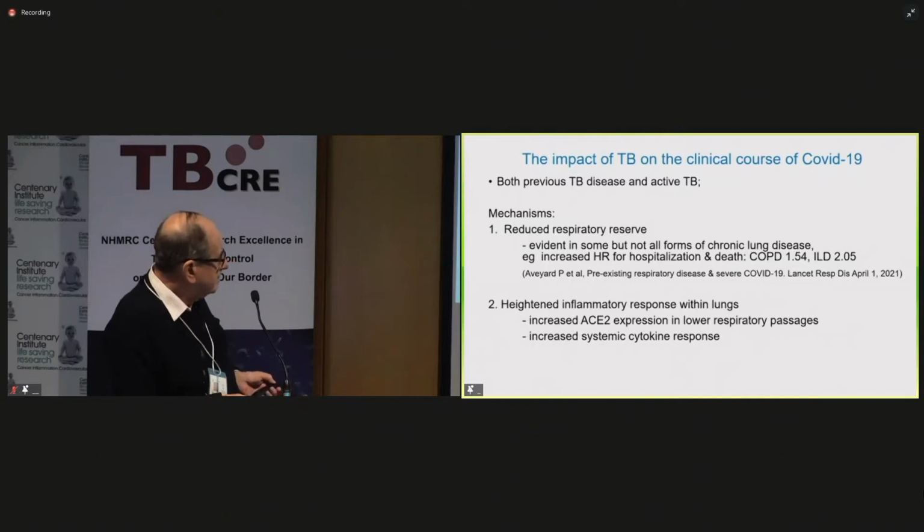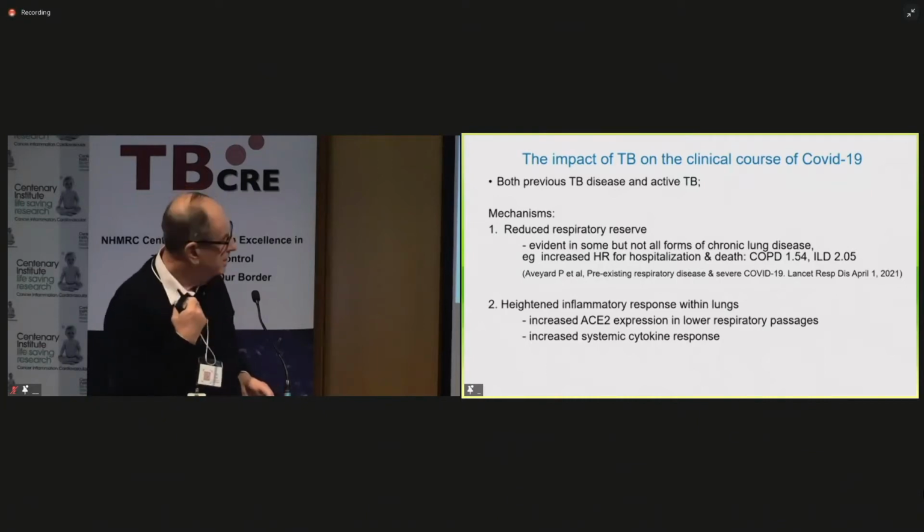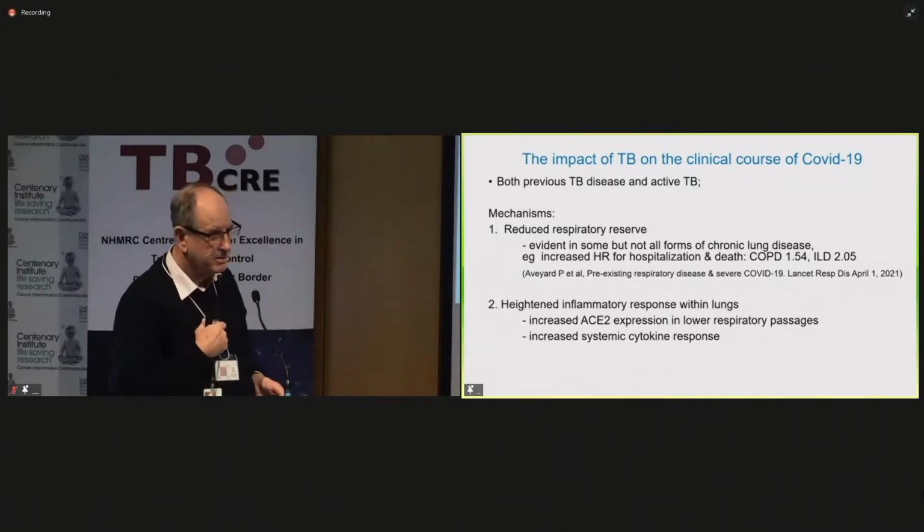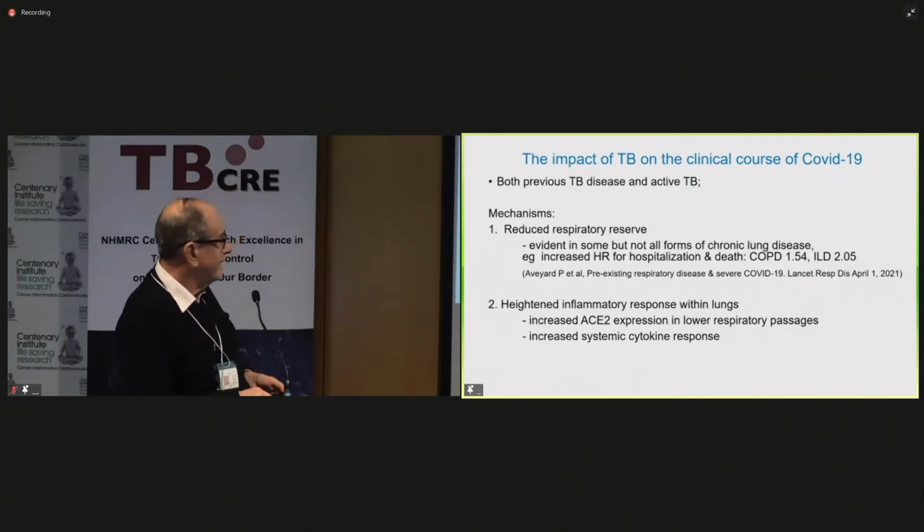The second mechanism, though, is through a heightened inflammatory response in the lung. And normally we don't express the ACE2 receptor on the surface of epithelial cells in the lower lung. It's expressed in the upper airways. Smokers, in fact, smoking induces the expression of the receptor in the lower lung, as do other inflammatory conditions.